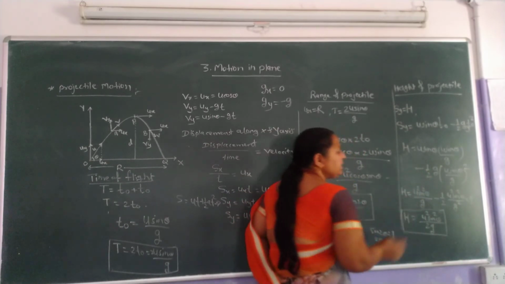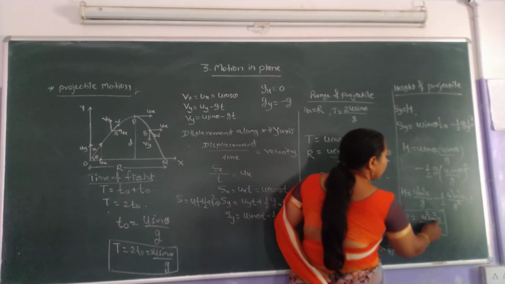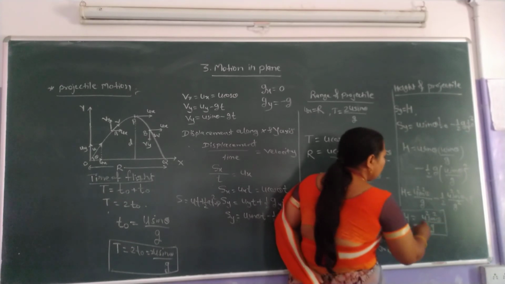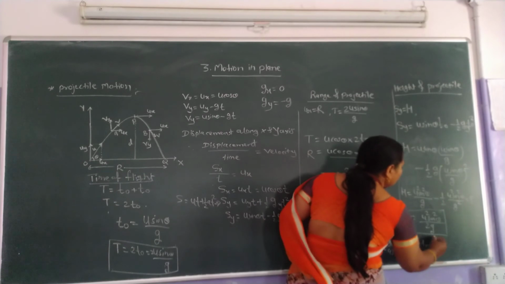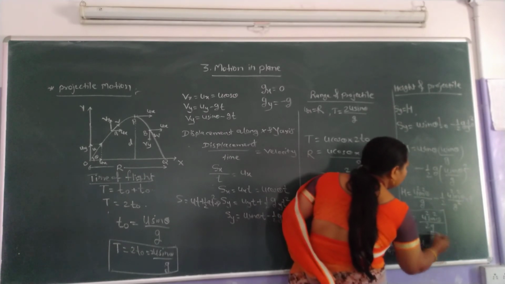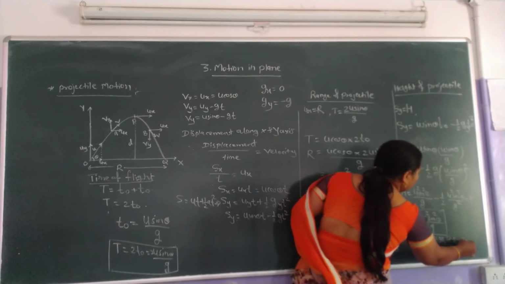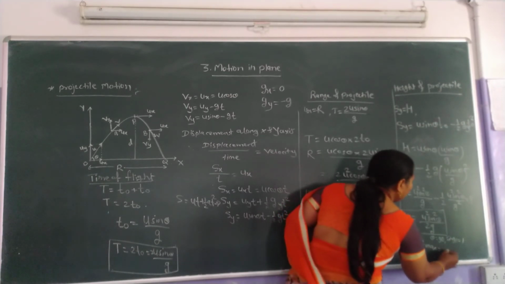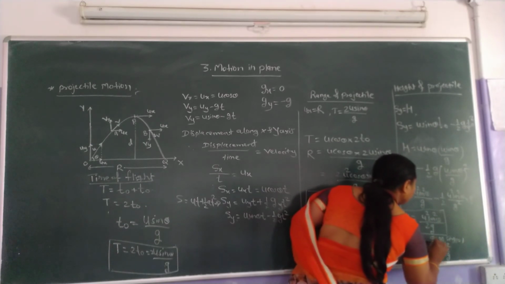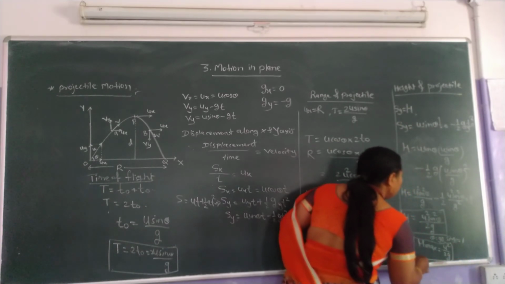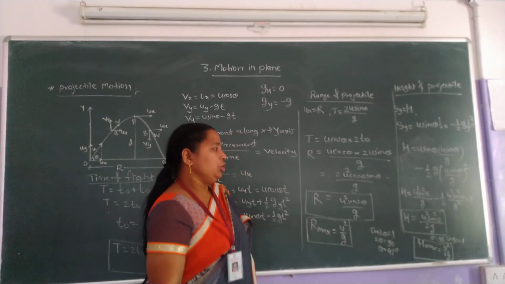When height is maximum, theta is 90 degree, therefore sin theta is equal to 1. Therefore, h max is equal to u square upon 2g, since sin 90 is equal to 1. H max is equal to u square upon 2g.